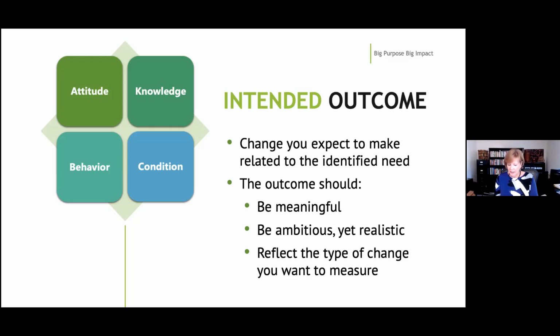But in your theory of change narrative, remember, you're taking what was in your logic model and making it paragraph form. In some ways, the logic model is the cliff notes, and then you're supposed to expand on this. So you have to make sure it's very clear what the intended outcome is.